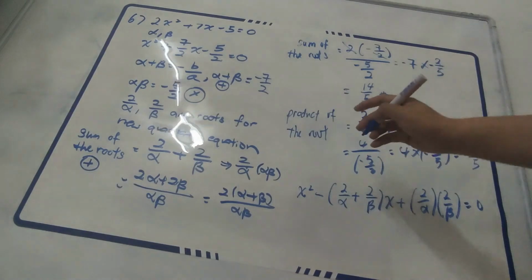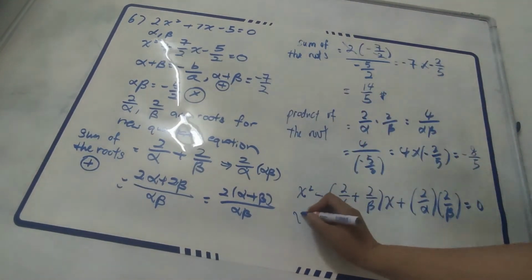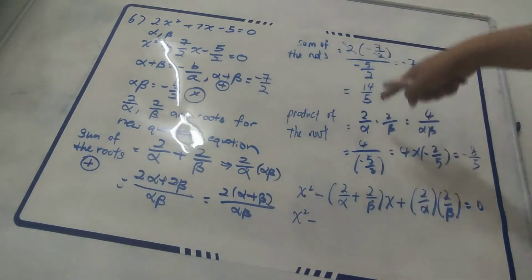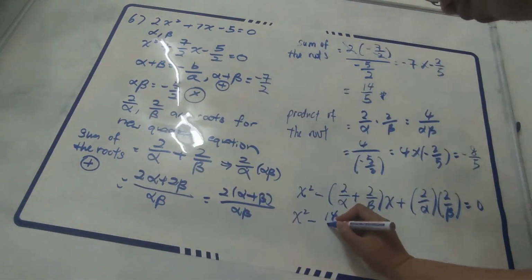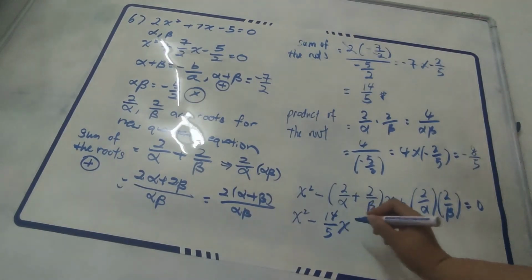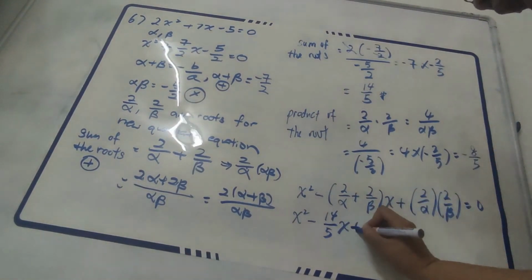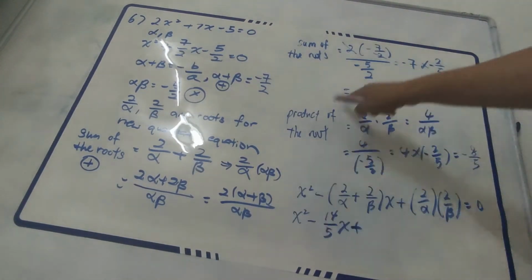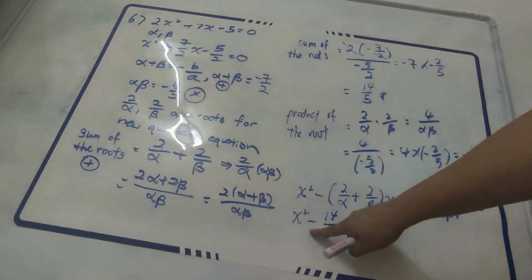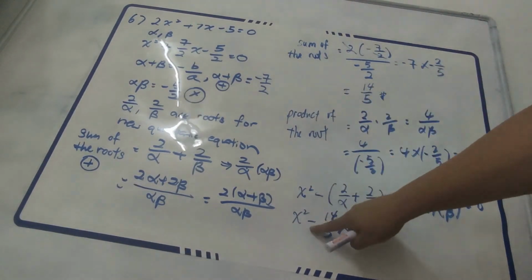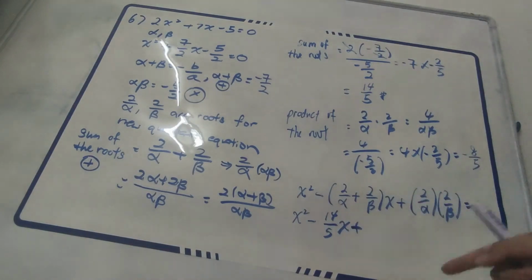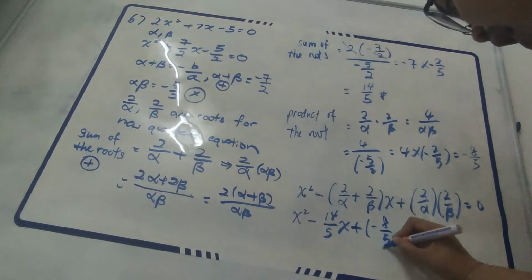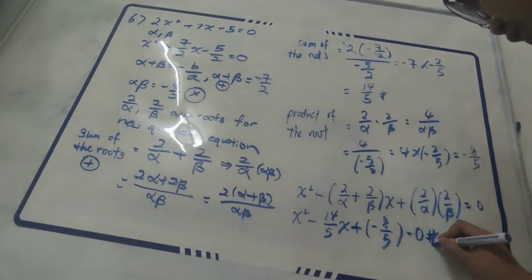So x squared minus, because here you don't have minus, 14 over 5 x, plus, this is 2 over alpha plus 2 over beta, the new sum of the roots. This part we have negative here. If this one is negative, then negative becomes positive. Plus minus 8 over 5 equals 0.